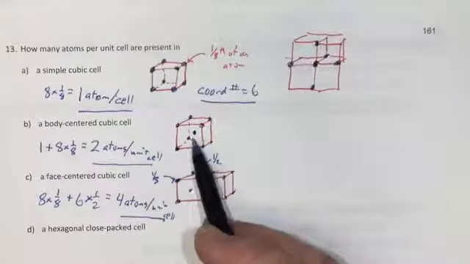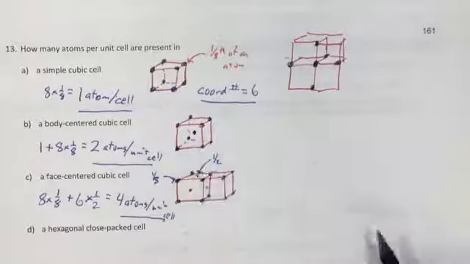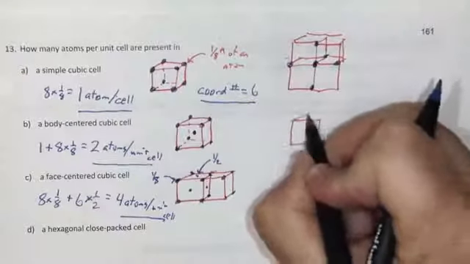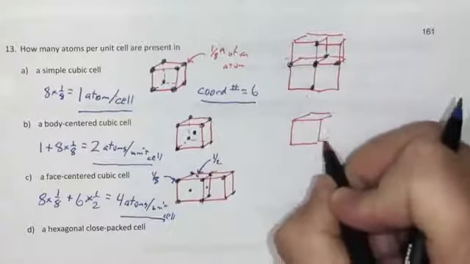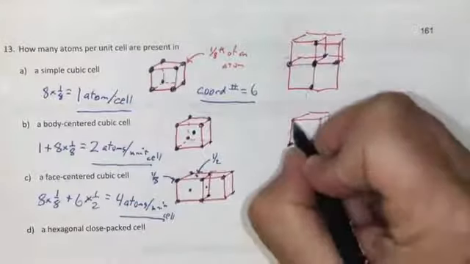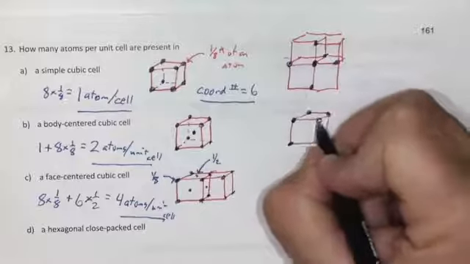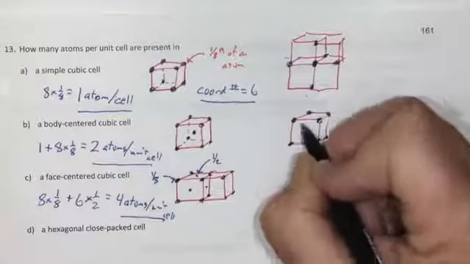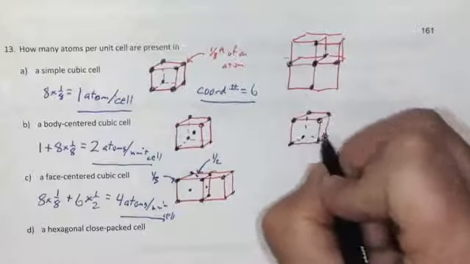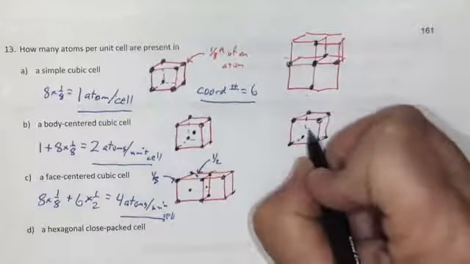For a body-centered cubic cell, let me draw another cube here so it won't get too busy. Here's another cube, and remember we've got an atom at each corner of this cube, and I've also got one in back here, and I've got one right in the middle.